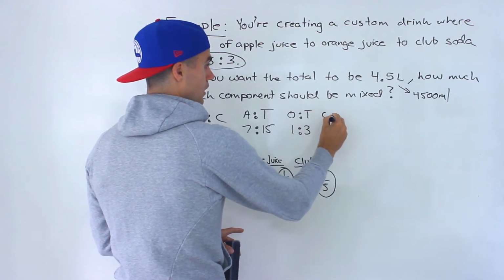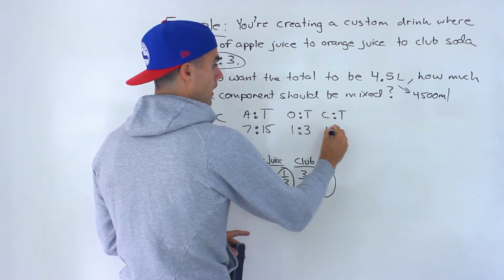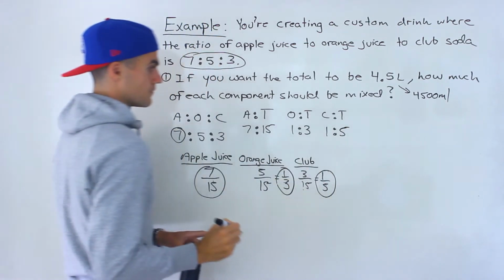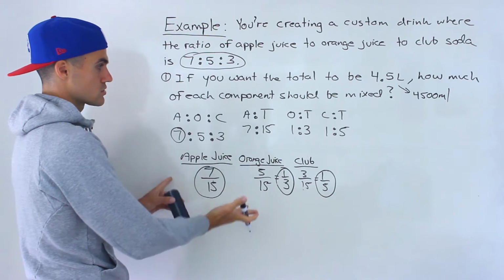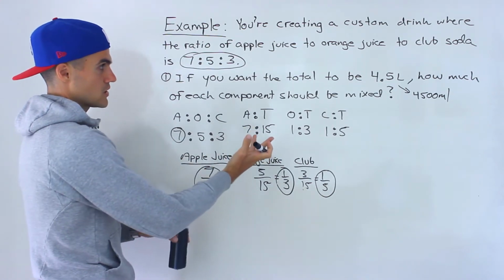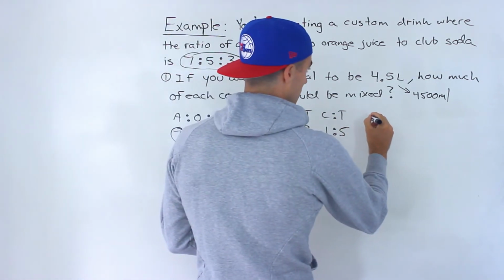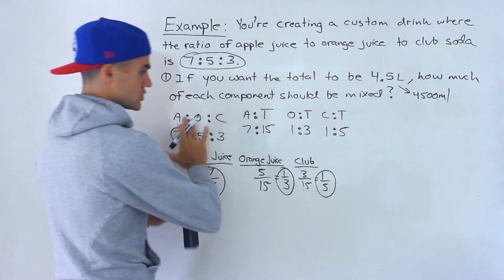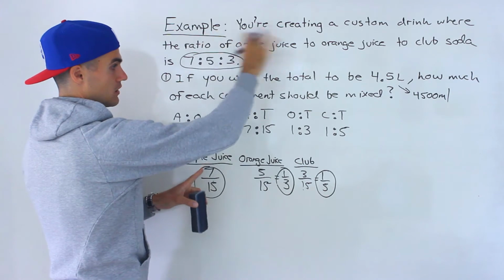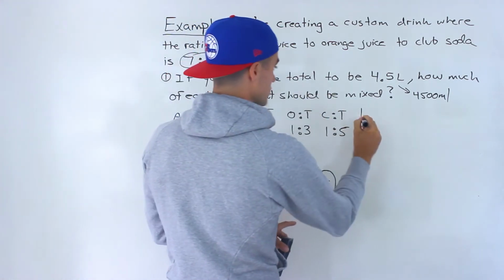Or the club soda to the total is 1 to 5. So that's another way to look at it, and you can use either these fractions or these ratios. So this is just the overall information here, and now I'm going to get into actually doing number 1.